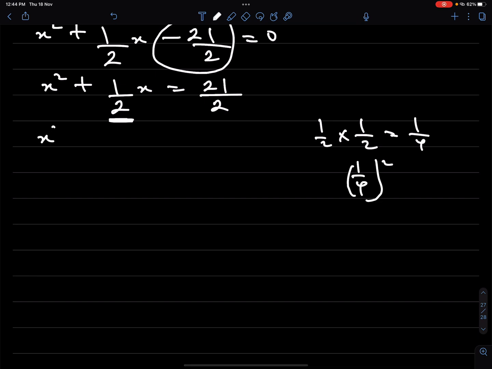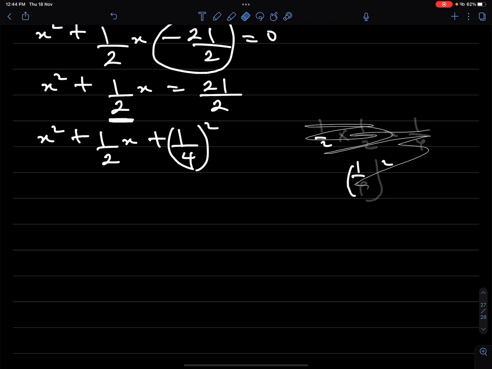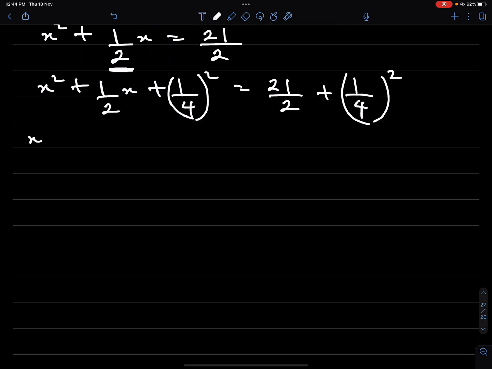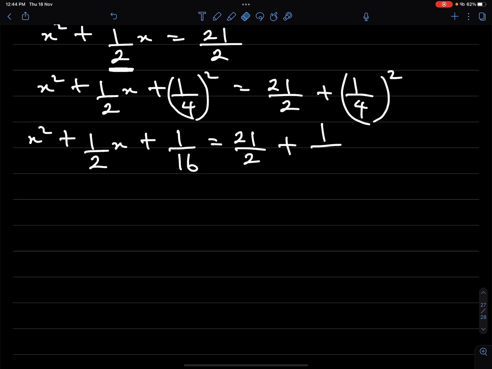That simply means x squared plus 1 over 2x plus 1 over 4 squared equals 21 over 2 plus 1 over 4 squared. And this simply means x squared plus half x plus 1 over 16 equals 21 over 2 plus 1 over 16.